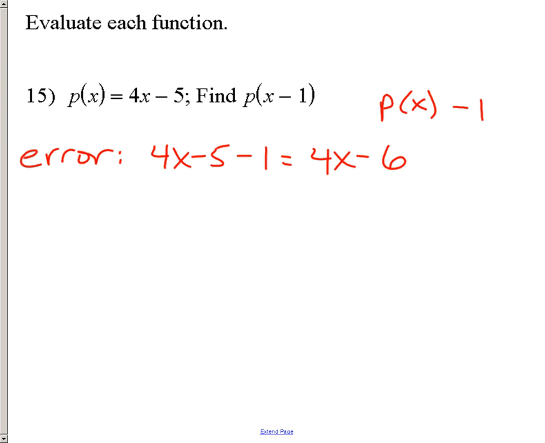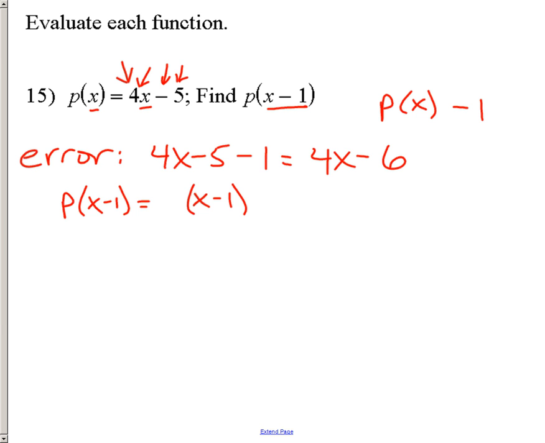So again, to repeat what we just talked about on 14, p is a factory that takes things, whatever the thing is, it doesn't care, multiplies it by 4 and subtracts 5. The thing just happens to be x minus 1. So p of x minus 1 is going to take that x minus 1, drive it into our Midas muffler shop, where in the Midas muffler shop, all that's hanging on the walls is 4, multiplication, subtraction, and a 5.